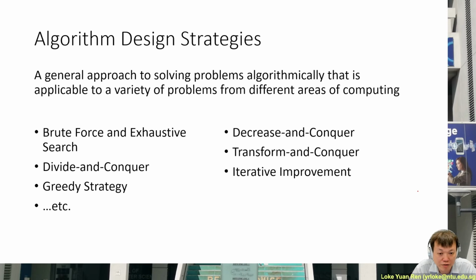Yeah, that is a kind of transform and conquer strategy. For some algorithms you will learn later, like the matching problem, we use iterative improvement. So there are a lot of strategies to solve a problem. You choose a different strategy, you will get a different efficiency. And which one is better? A lot of the time we need to analyze it first.